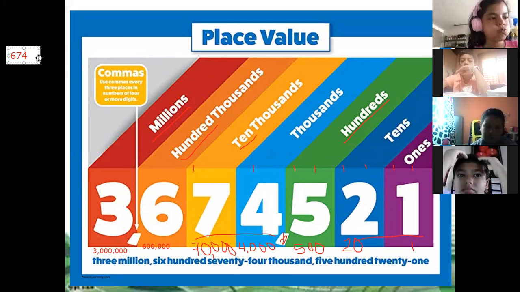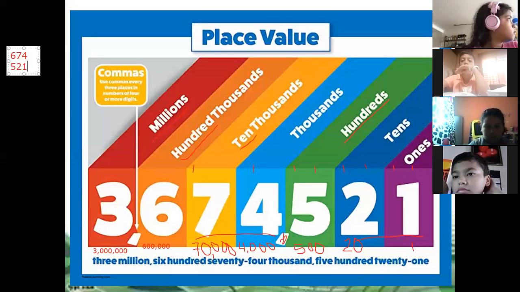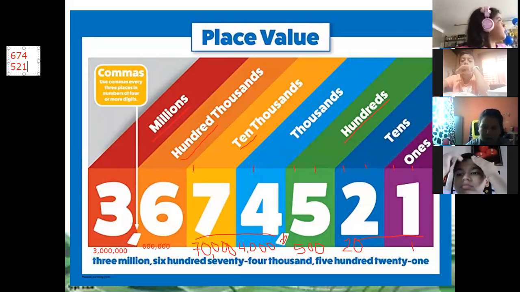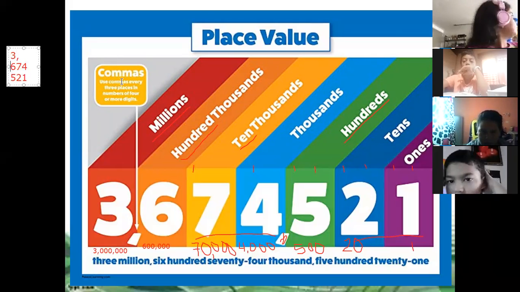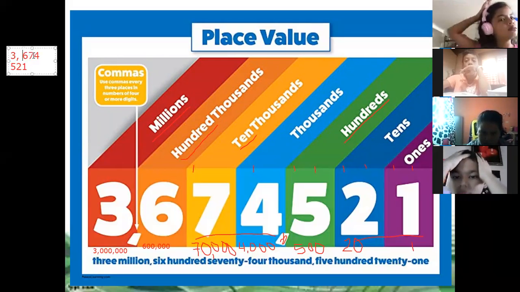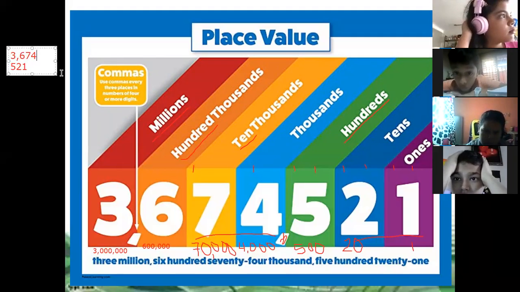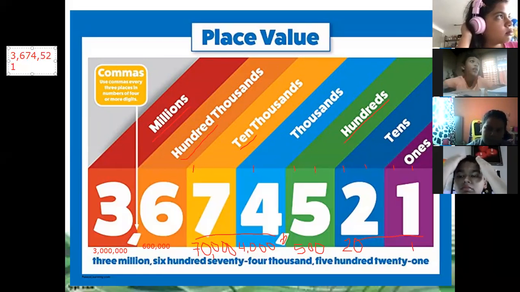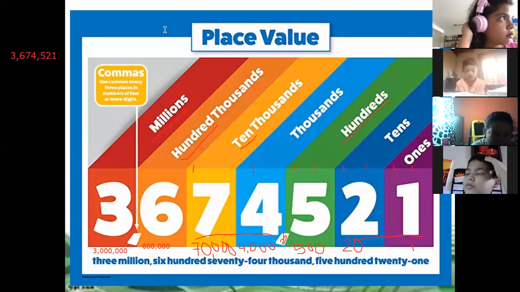And the next number, 521. Así es como se les ha enseñado a leer números en grupos de 3, después miles. So, este es 3, pero como está en la posición 7, que son millones: 3,674,521. Grupos de 3, ¿ok?